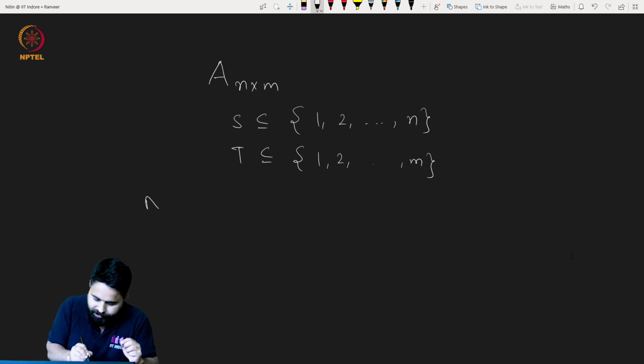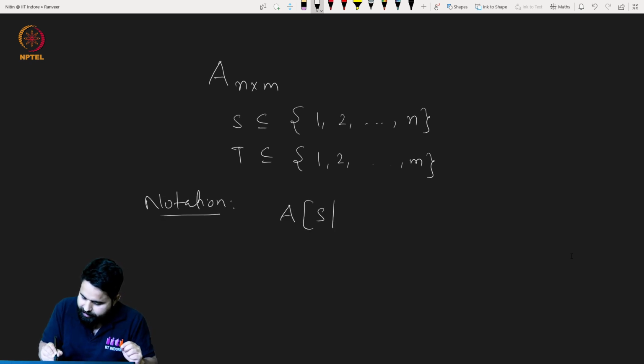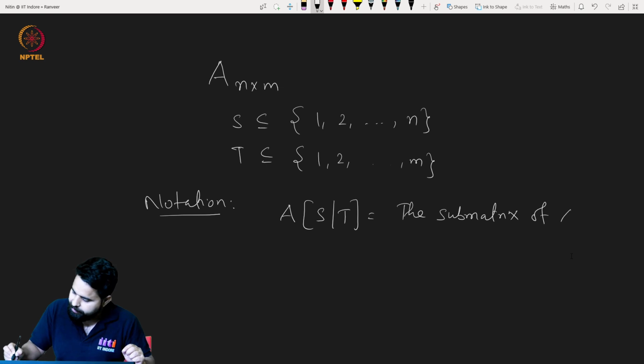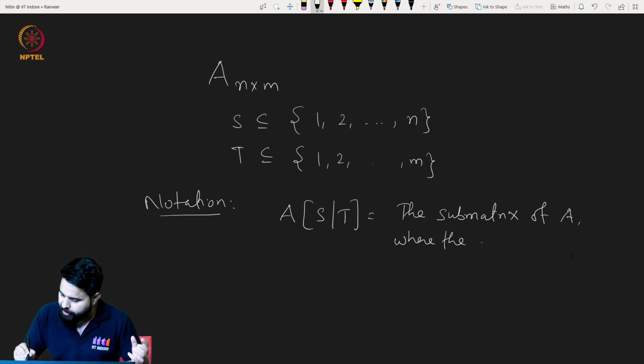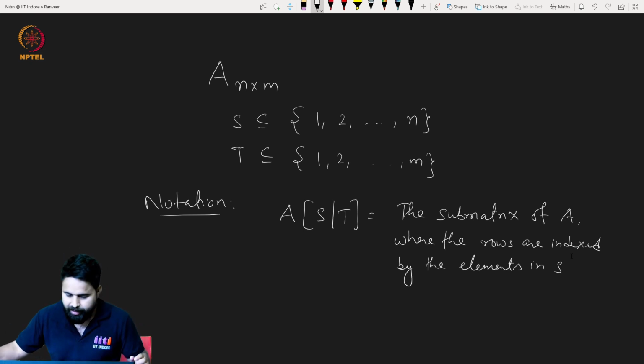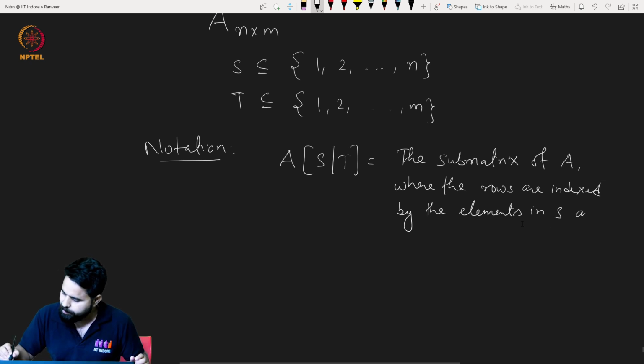Then the notation A_ST means the submatrix of A where the rows are indexed by the elements in S. Basically, whatever the elements in S are, those rows we will pick from the rows of A.